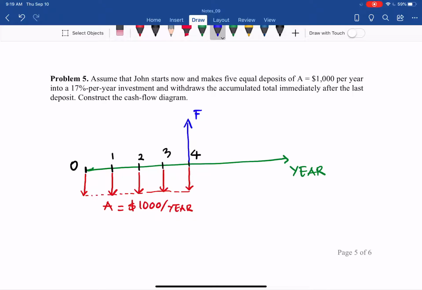He withdraws that money immediately after the last deposit at the end of year 4, or the beginning of year 5. Then F is located at 4. And of course we can put the interest rate i%. In this case, the problem gives us 15% per year.